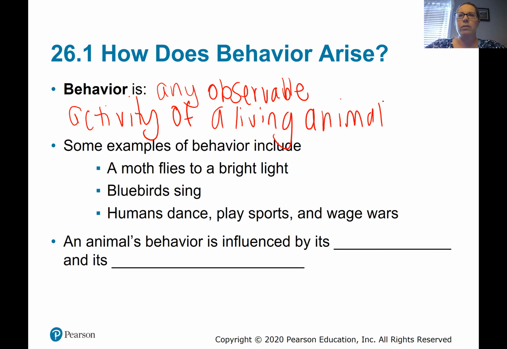Now there's always been a debate between nature and nurture, right? What really affects how animals, or humans in that case, behave? Honestly, I think it's both. Animal behavior is influenced by genes, and its environment.